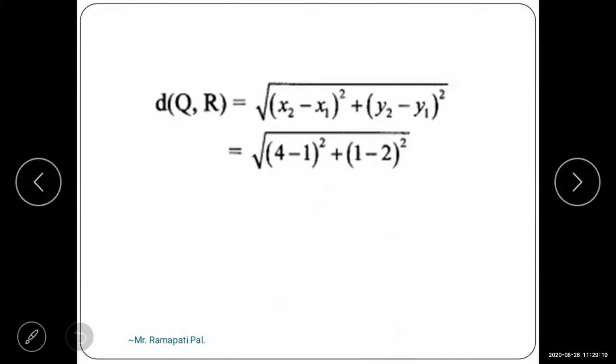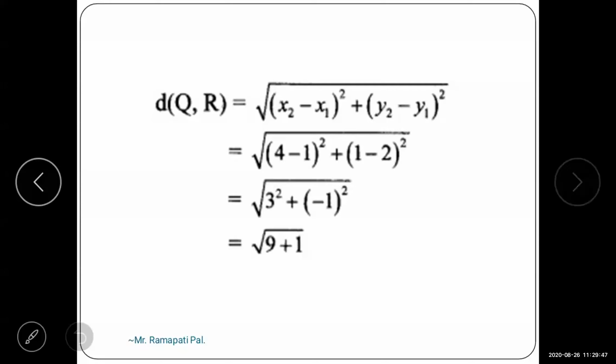Root of (4 minus 1) square plus (1 minus 2) square. 4 minus 1 is 3, 3 square, and 1 minus 2 is minus 1, square. Root 3 square is 9 and minus 1 square is 1, so again we will get root 9 plus 1. Therefore distance QR is root 10, and this is our equation number 2.